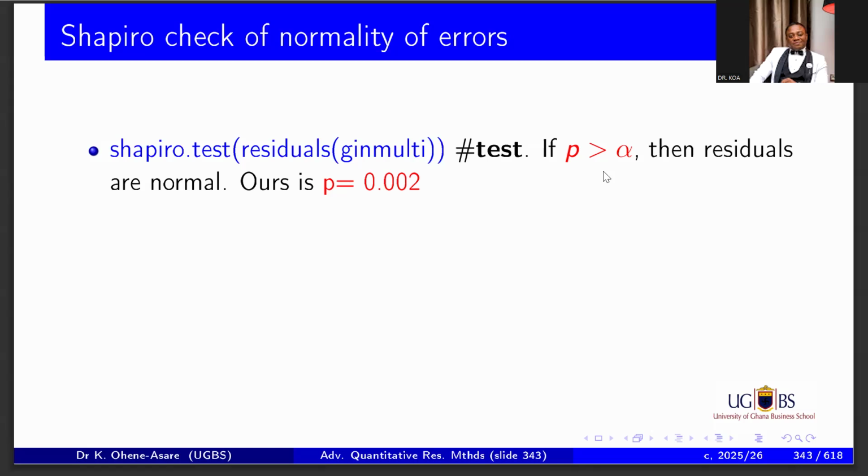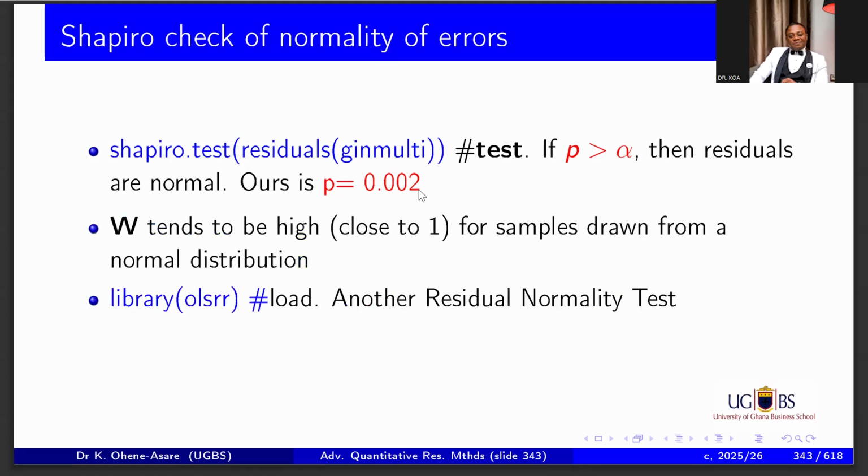If the p-value is greater than alpha, then the residuals are normally distributed. In our case, the p-value is 0.2%. So what would you say? Would you say our residuals are normally distributed or not?